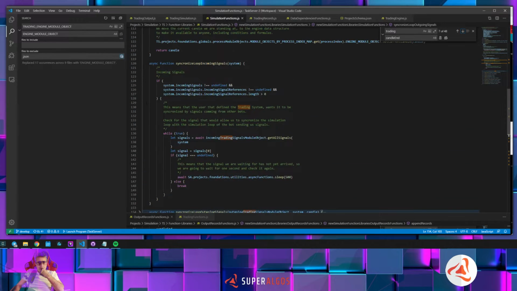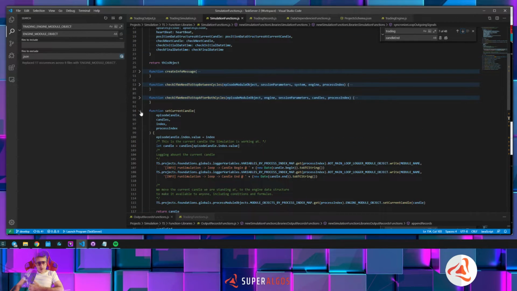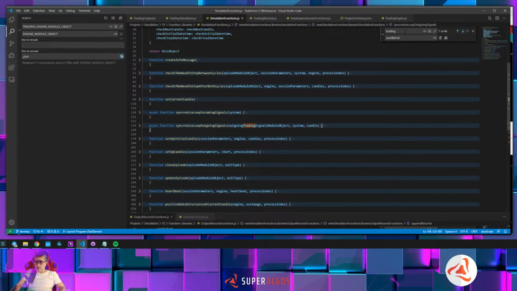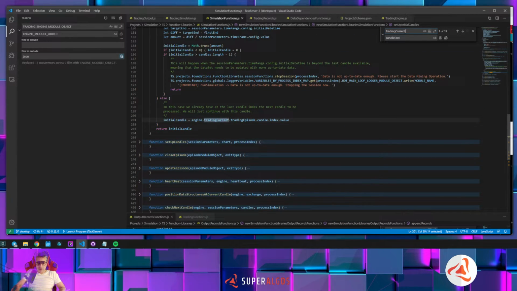So we are going to stop this and search for trading current. Okay, 19 more.